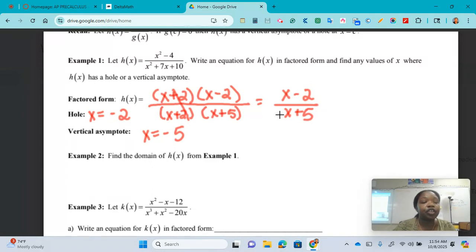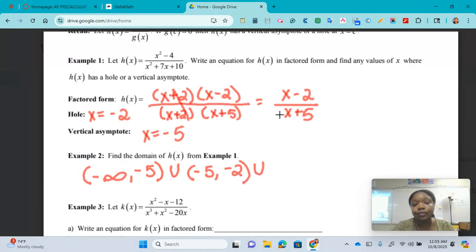From least to greatest, we go from negative infinity to the first stop at negative 5, and from negative 5, where our vertical asymptote is, until our next stop at negative 2, where our hole is, and from negative 2 to infinity.